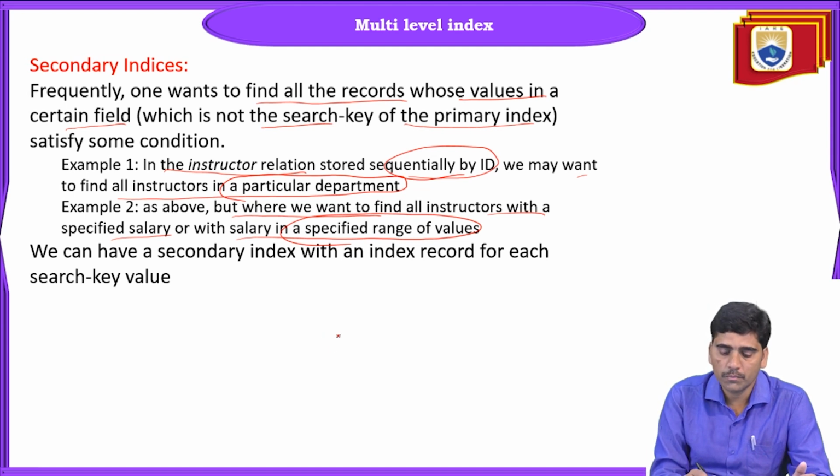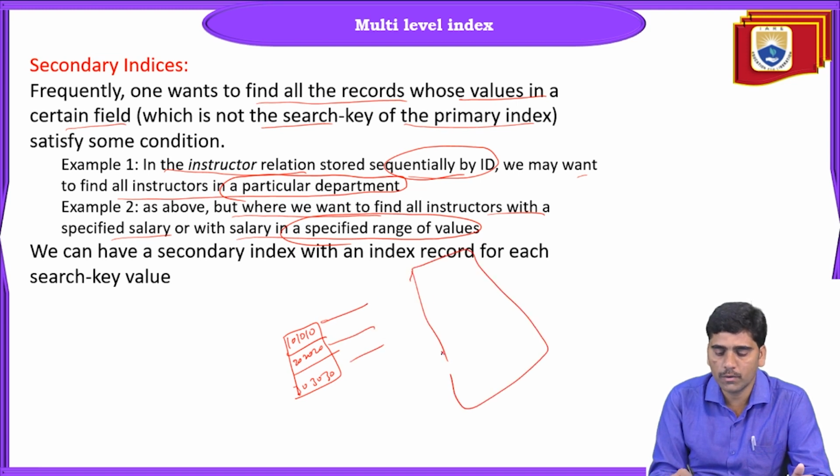Suppose we take an example. This is the primary index, which contains IDs like 101010, 202020 and 303030. This is the index pointing to the data block. The data contains employee names and instructor salaries.